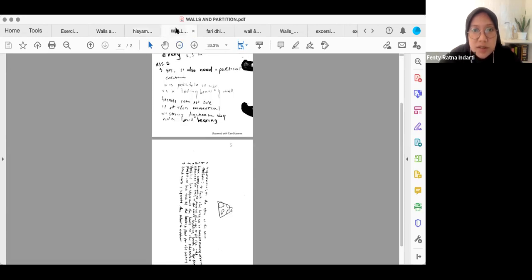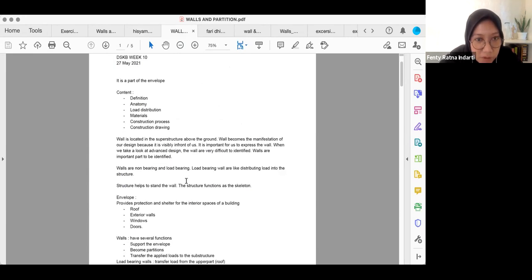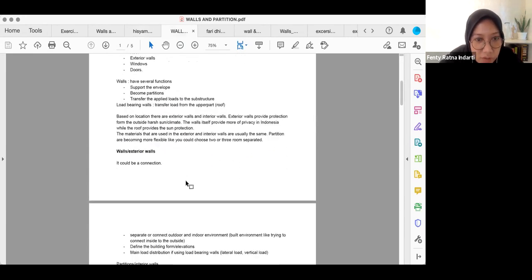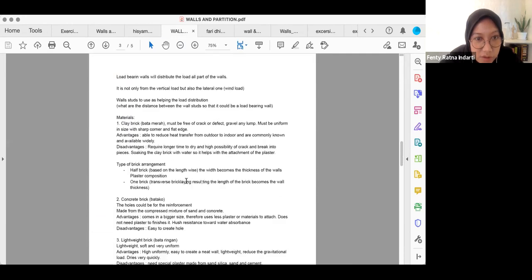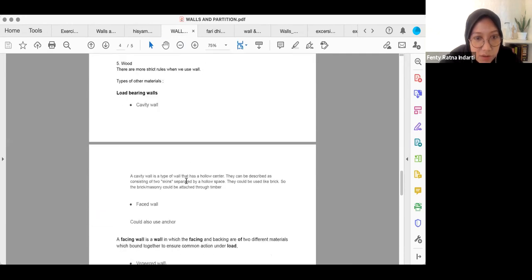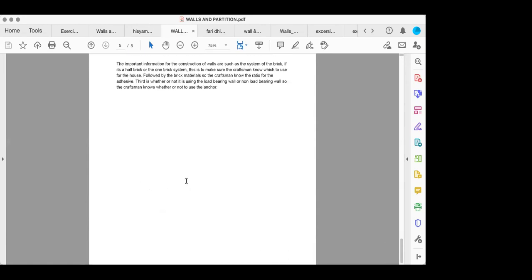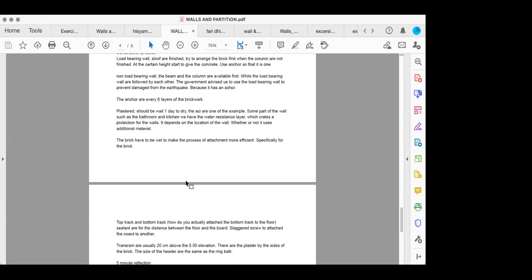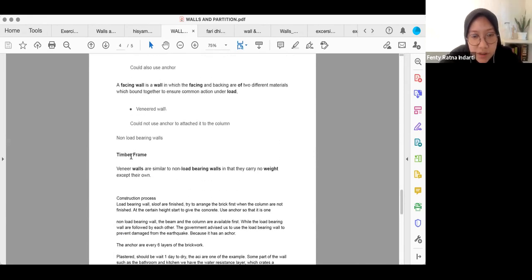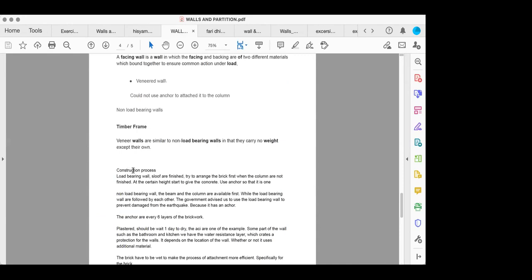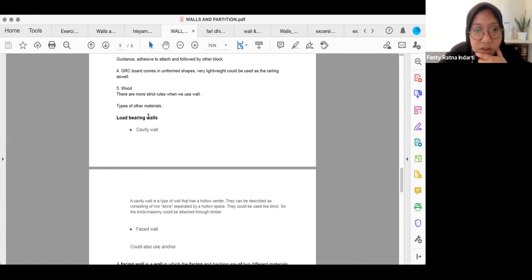So next we have, what type? Oh, sorry, I will check here. One part, materials, clay brick, and where's the answer? Slightly above. Yes, the timber frame. Further up there is load bearing walls. Oh, this one.